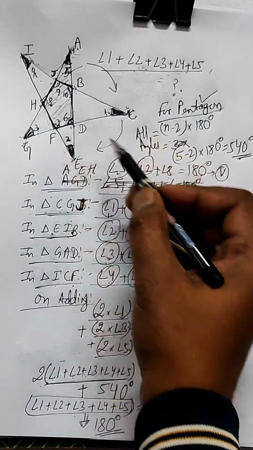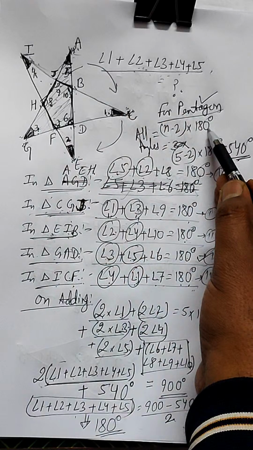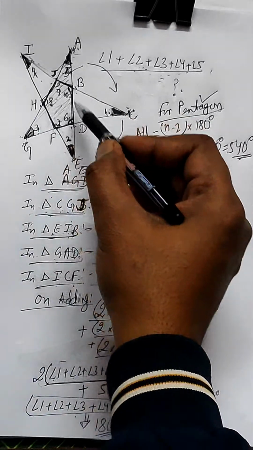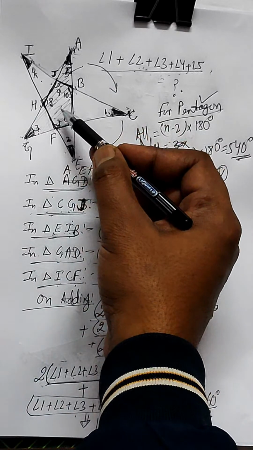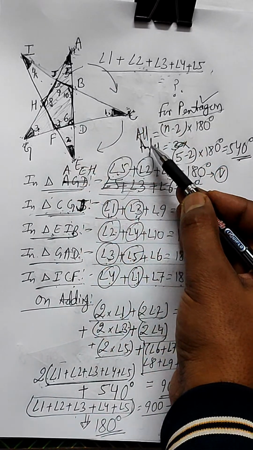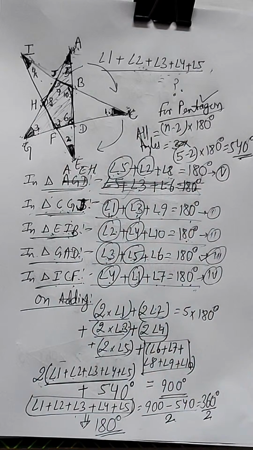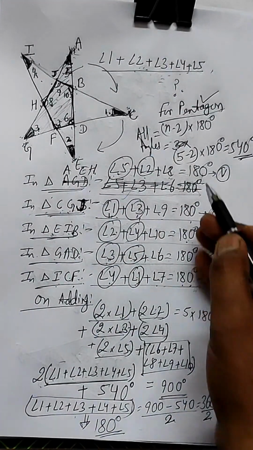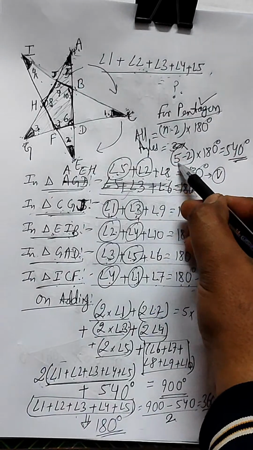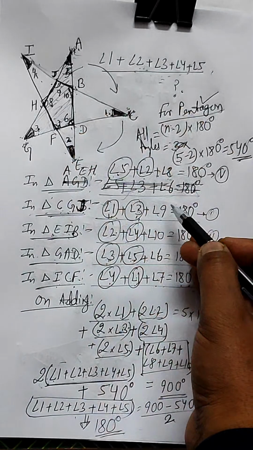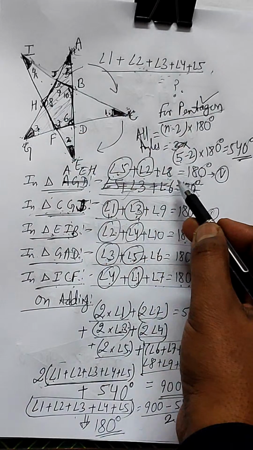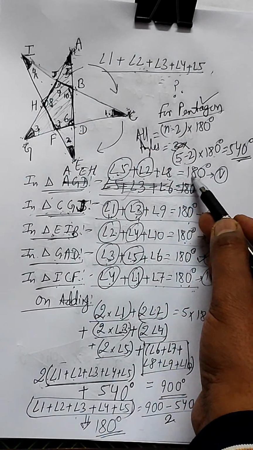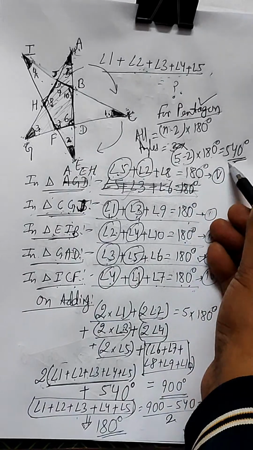And we know the formula: for a closed polygon, the sum of all the interior angles is (n minus 2) into 180 degrees, right? Putting n as 5, because the pentagon has 5 sides, we get (5 minus 2) into 180 degrees, that is 3 into 180, which is 540, right?